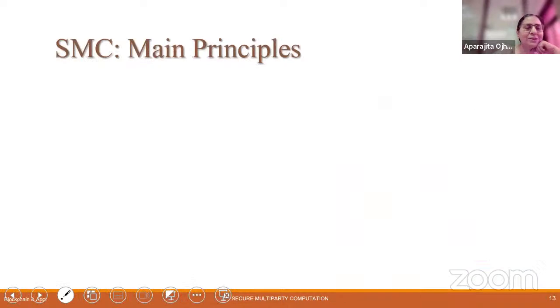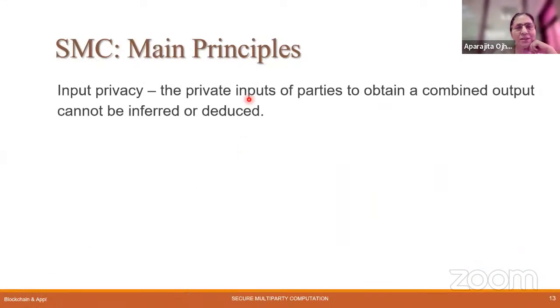All right. So the main components of multi-party computation, I seek your attention, please, on this. The main components are that the private inputs of parties to obtain the combined output cannot be revealed. By no method should they be revealed, like in a jigsaw puzzle.